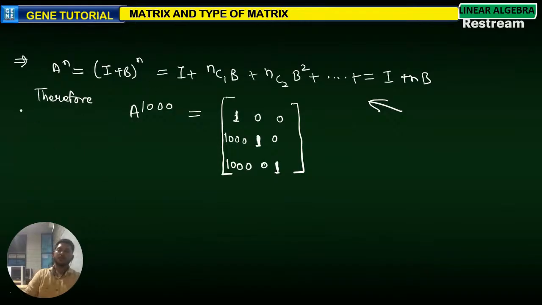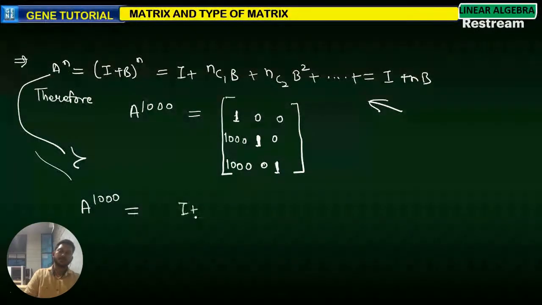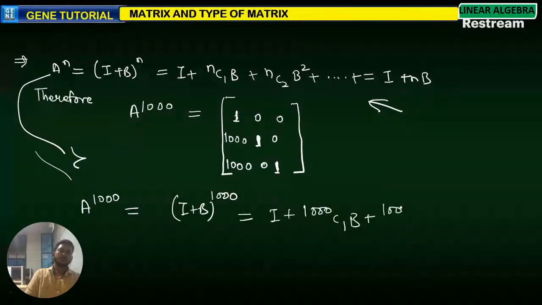So what comes to your mind first is that A to the power 1000 means (I plus B) to the power 1000, which is I plus 1000C1 B plus 1000C2 B squared, and so on, which goes to I plus nB.